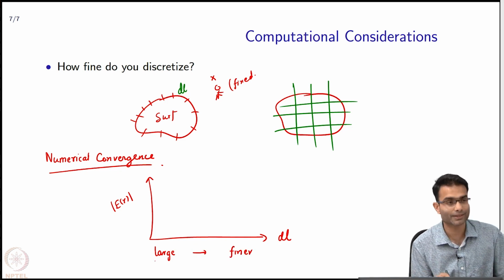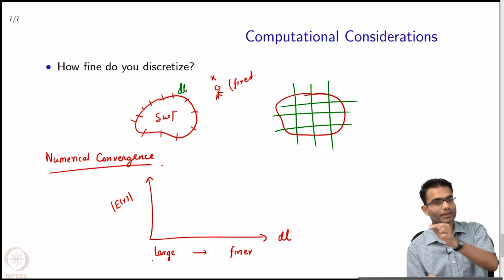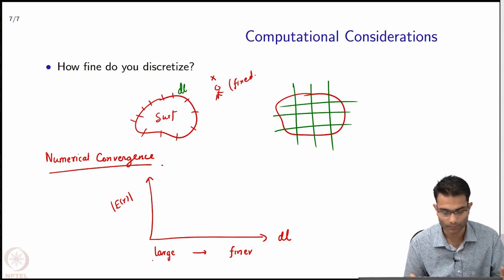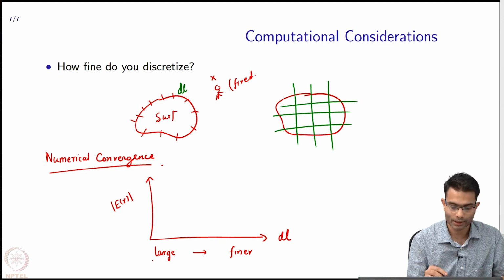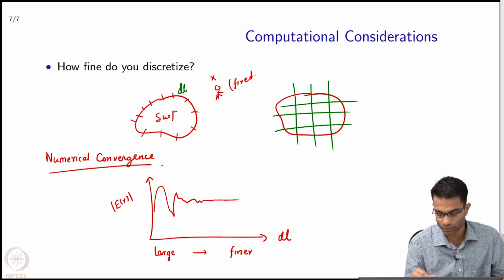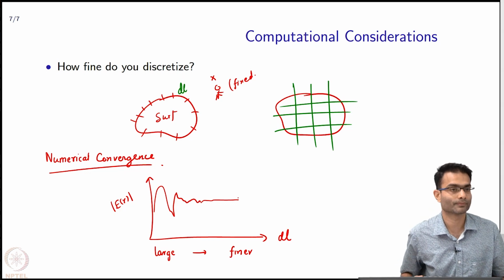So, DL is starting from a large number and decreasing. You can think of this as 1 by DL or whatever, but basically start from a large value. You might observe some fluctuating behavior like this. Eventually, what will happen is that you get a stable answer over here.